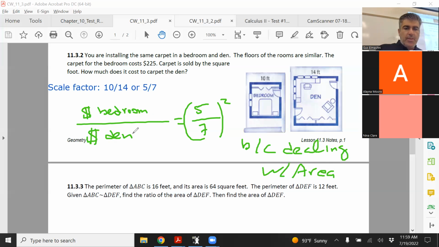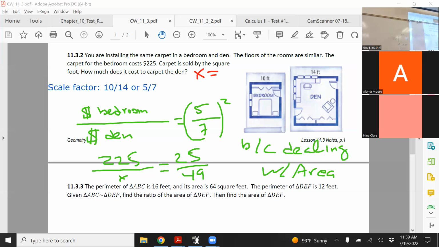So the cost of the bedroom I know is $225. I'll call this X. And that's going to be 25 out of 49. If you solve for X, what's that going to be? Whatever 49 times 9 is. 441.